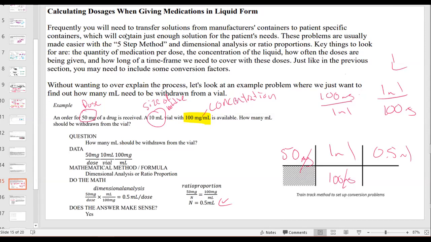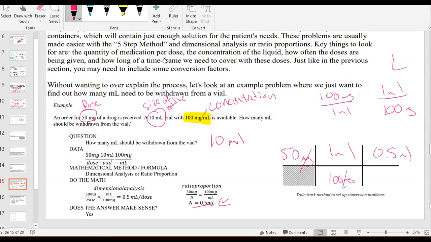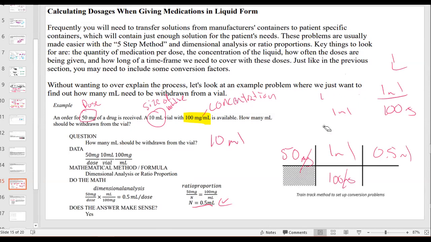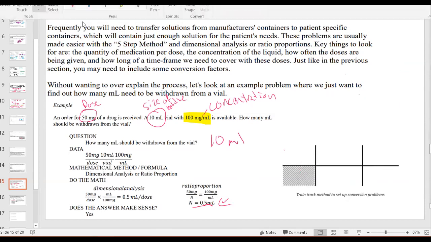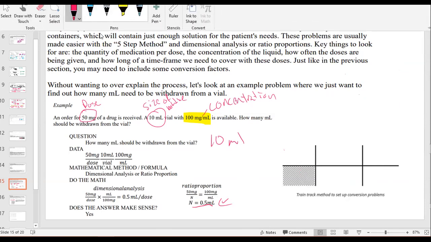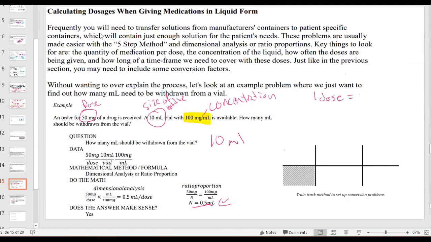So if I want to find out how many doses I can get from 10 mLs, if my dose is 0.5 mLs, how many doses is that? How can we figure that out? Let me erase this. Let me write a ratio. 1 dose equals how many mLs? 0.5 mLs, right?